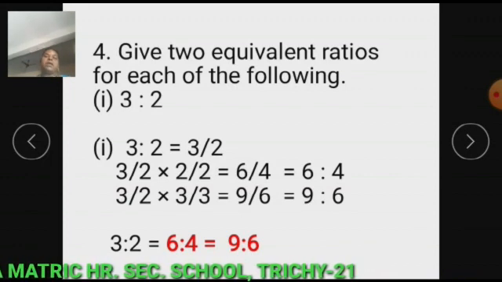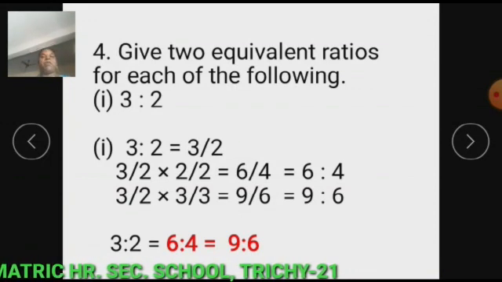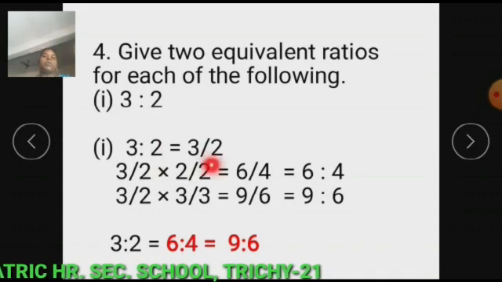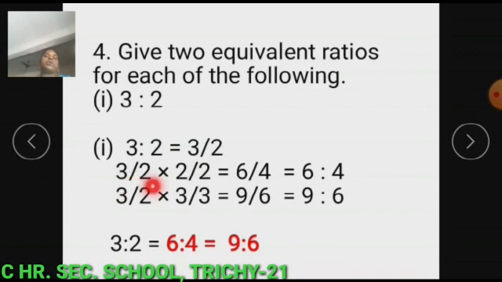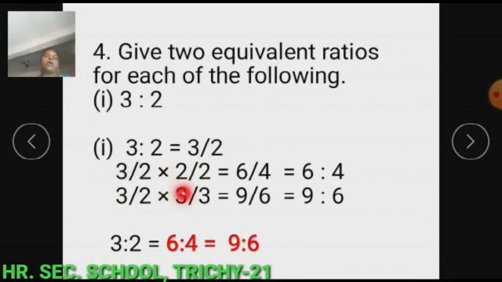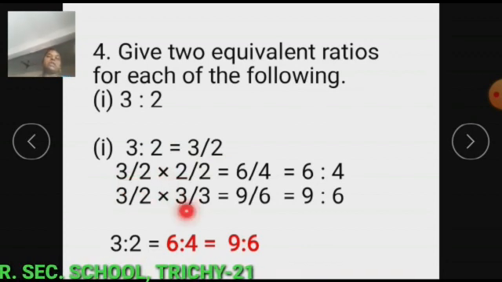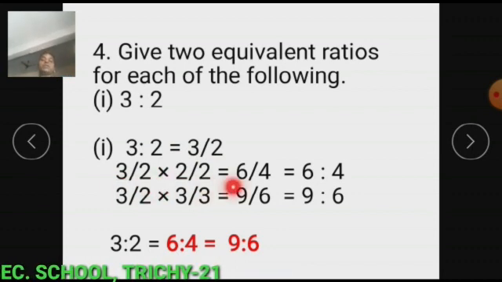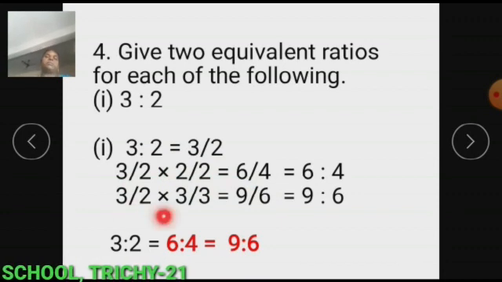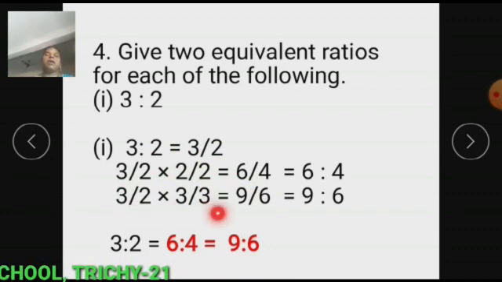First we write the ratio form in fraction form. 3:2 equal to 3 by 2 and then 3 by 2 is multiplied by the common number 2 and 3. 3 by 2 into 2 by 2 equal to 6 by 4. And 3 by 2 is multiplied by 3 by 3 equal to 9 by 6.